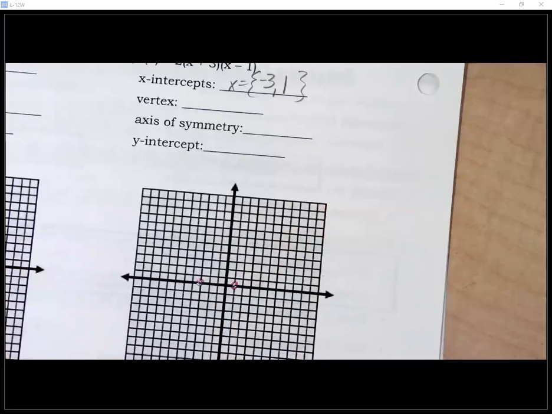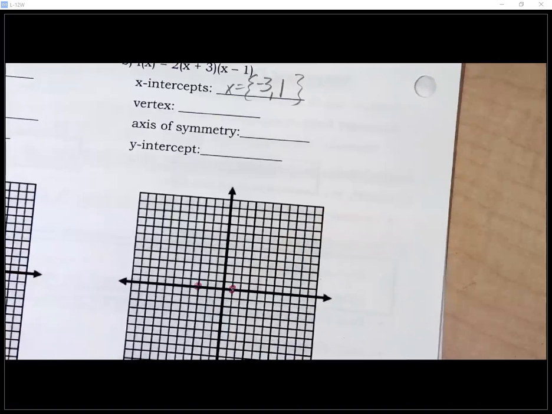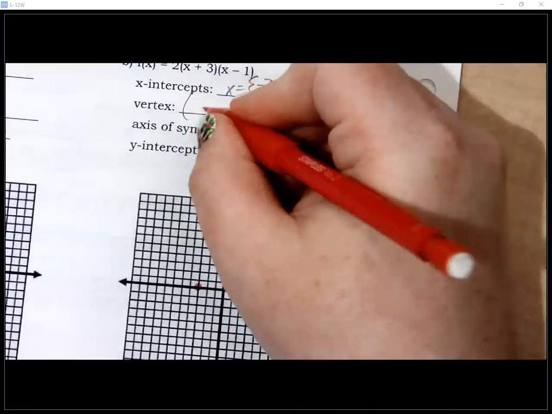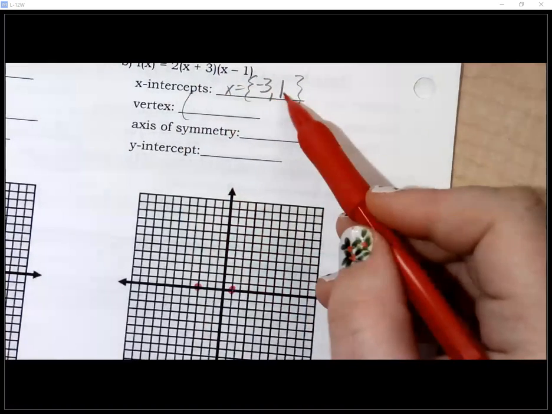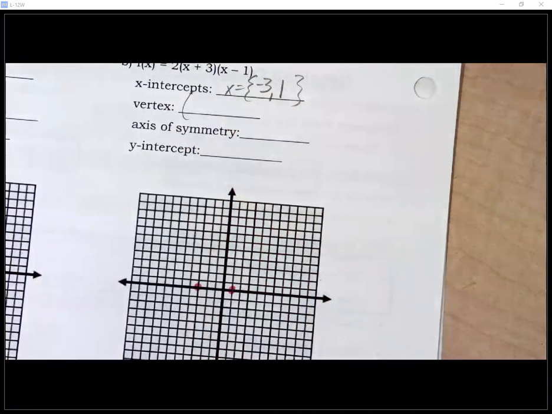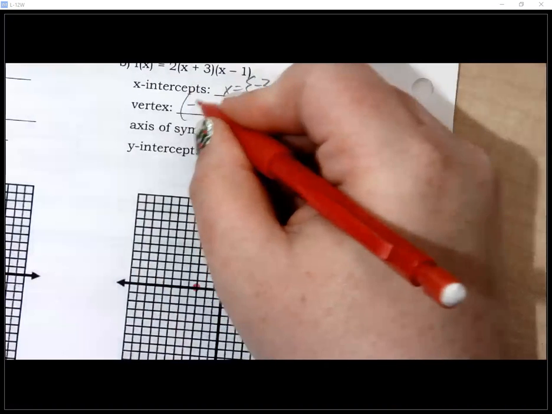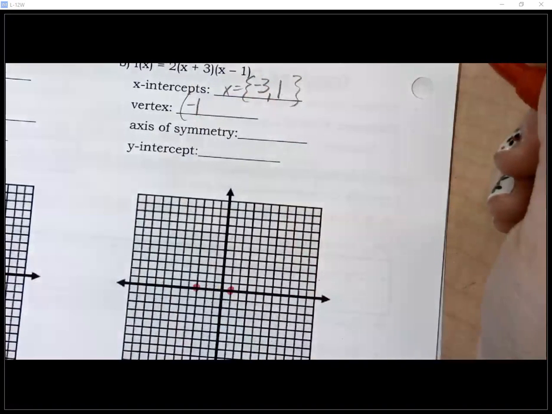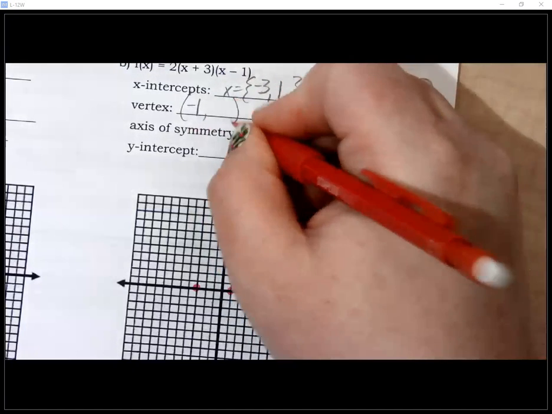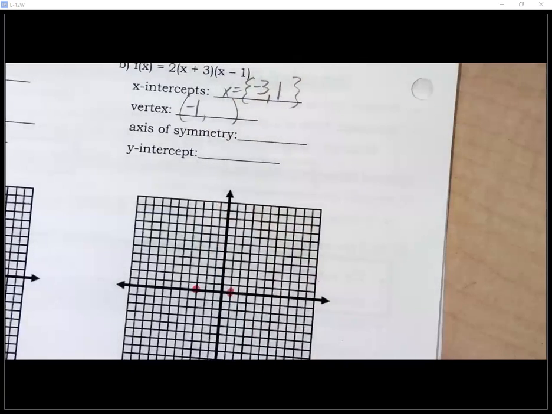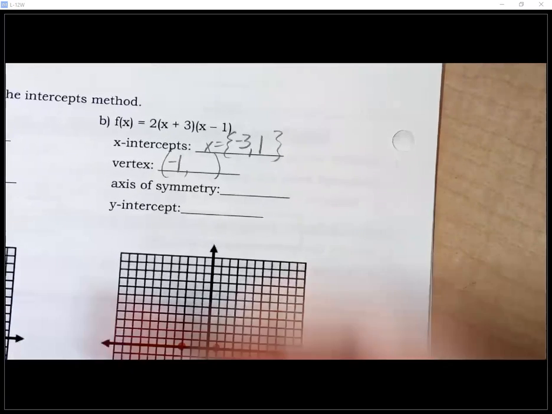So when I go to find that vertex, I know to get the x coordinate, it's really easy. I just add these two together and divide by 2. So what's that going to get me out? -1, right? -1. Is everybody okay with where that's coming from? Are you sure? Okay, now you need to figure out the y though. So I don't have the standard form to plug it into. I'm just going to plug in -1 for each of my x's up here.